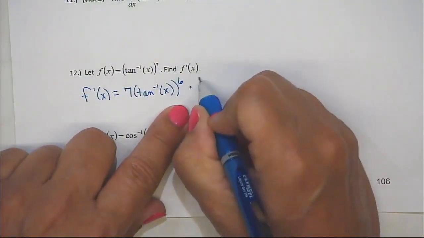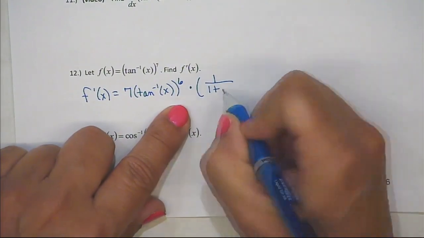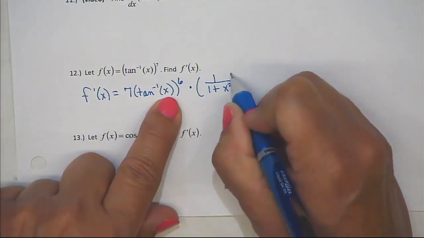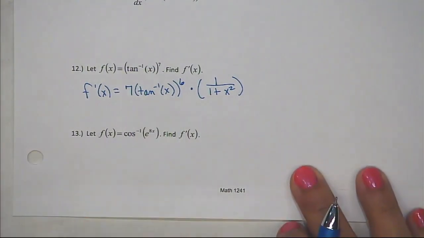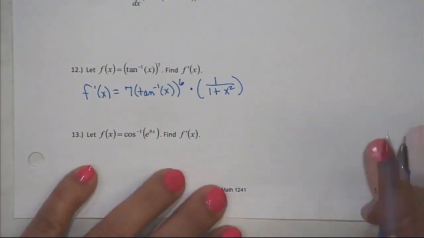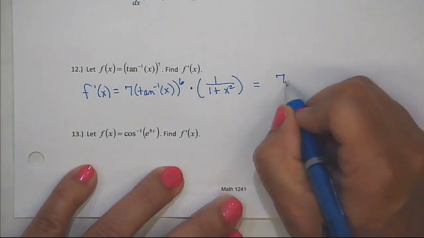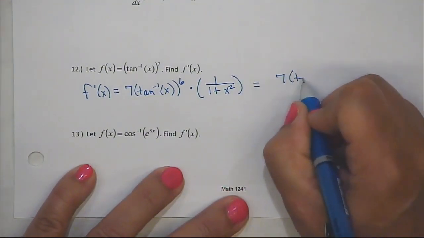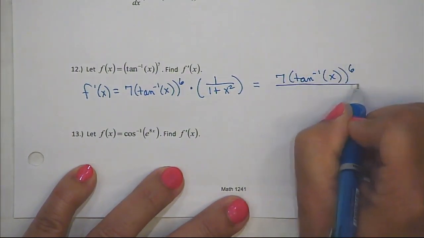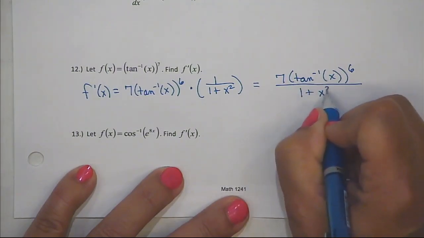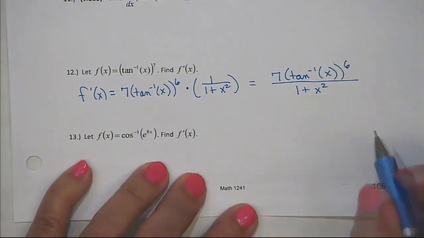So times 1 over 1 plus x squared, and the only reason I'm putting just x squared there is because that's an x right there. Now, that one can't be cleaned up a whole lot other than you can write it as a fraction. So if I wanted to clean this up, I could just write it this way. Probably all I can do on that.